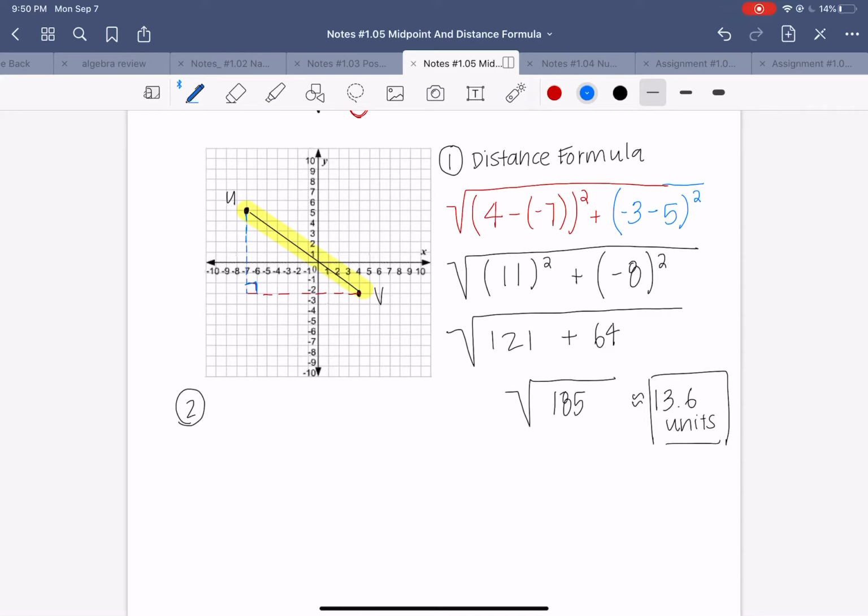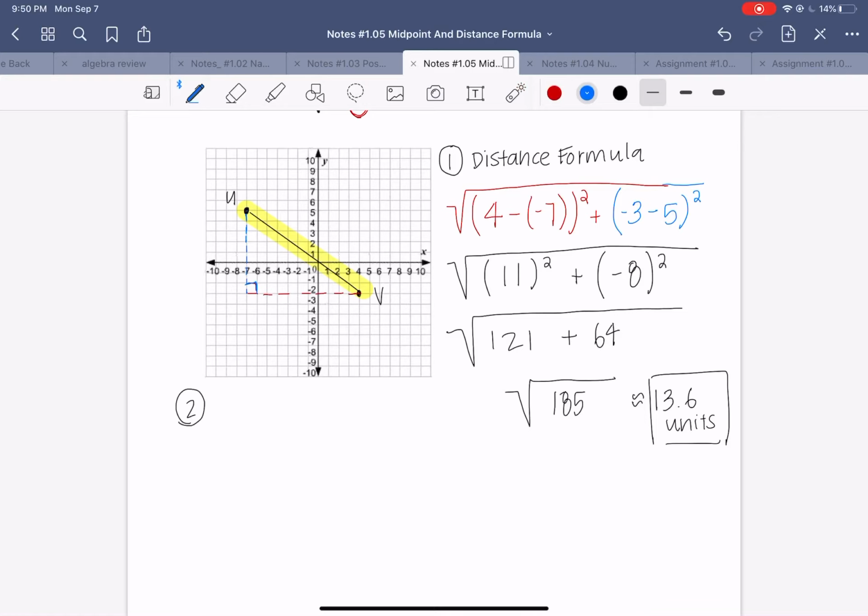When I was drawing my dotted line, I drew it up until I became even with point V. Then I took this point at the corner of my right triangle and met it with point V. I made a right triangle between my points. That's the key of being successful using the Pythagorean theorem.